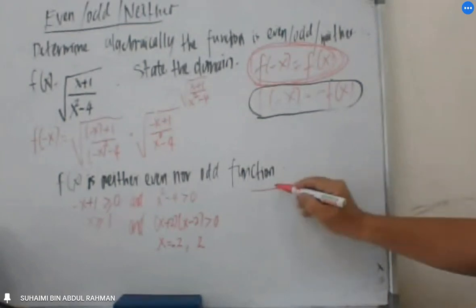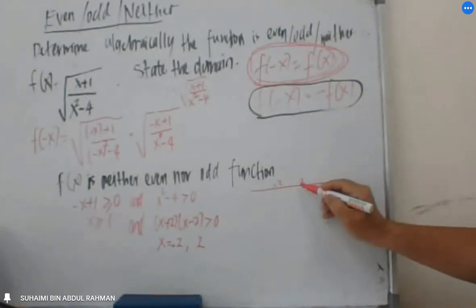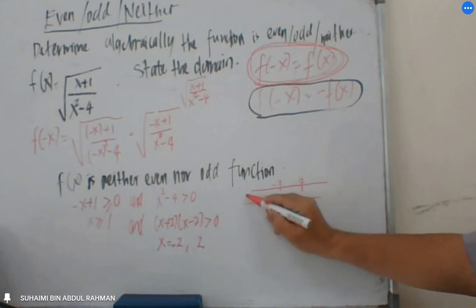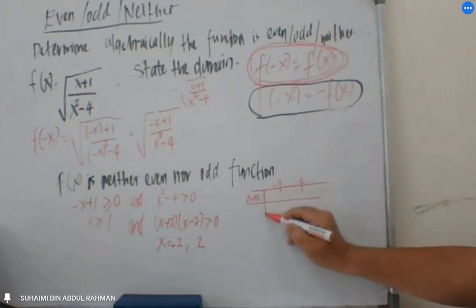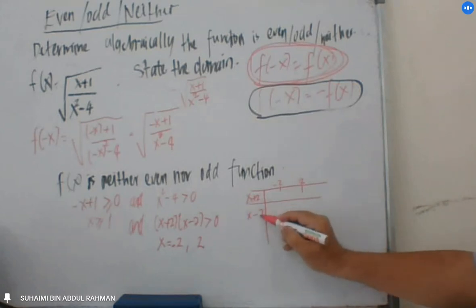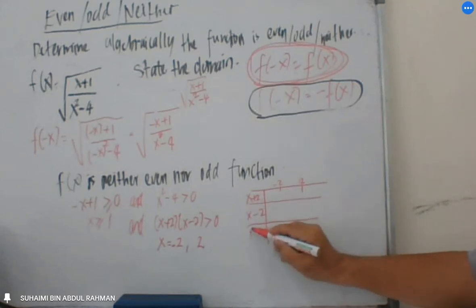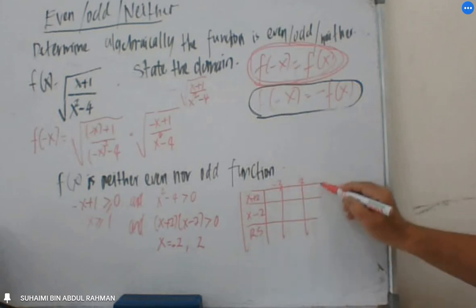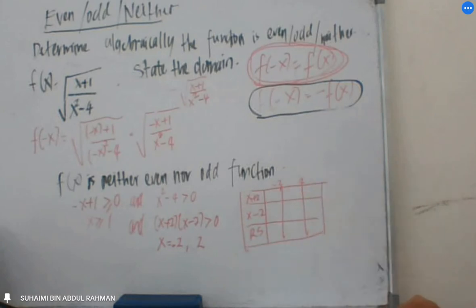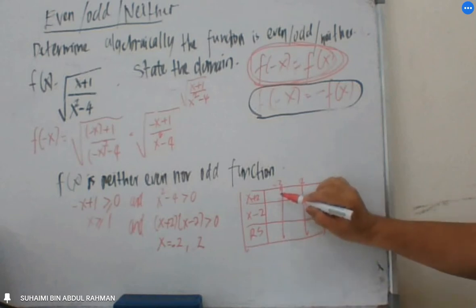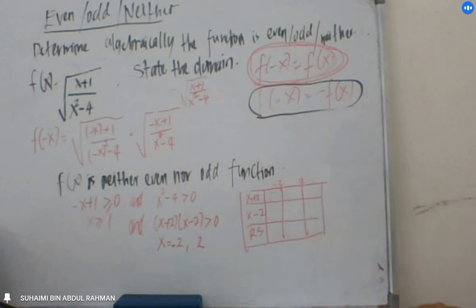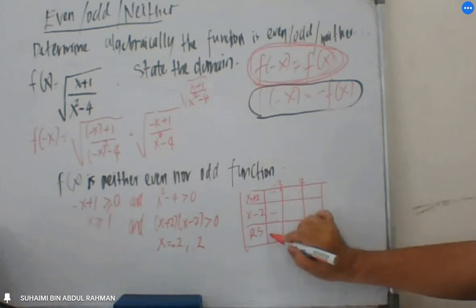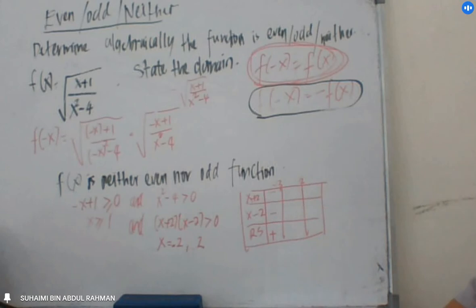Sign diagram: minus 2, 2. x plus 2, x minus 2, resulting sign: negative, negative, positive.